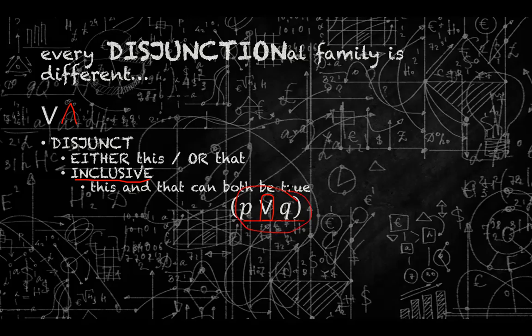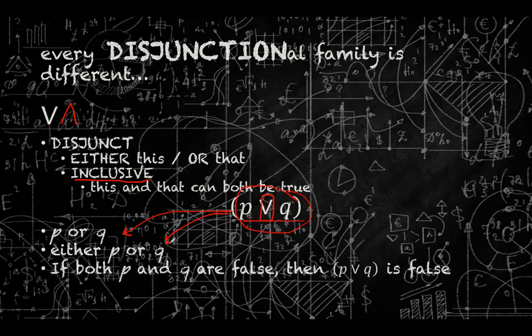The way we would say this is we could just say P or Q, or we could say either P or Q. And what would make this true is simply as long as both P and Q are not false, then this is true. If both P and Q are false, then this is false. So we just have to make sure one of them is true for this to be true.